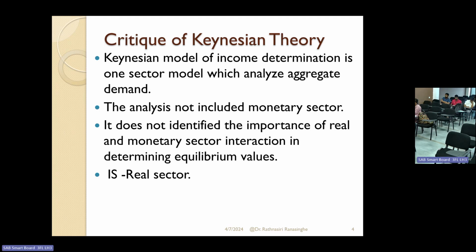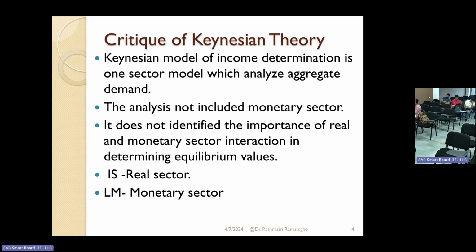He explained why people demand money, liquidity preference. So this is the real sector, this is the monetary sector. ISLM explains the real sector and monetary sector interaction through investment, savings, money demand and money supply.